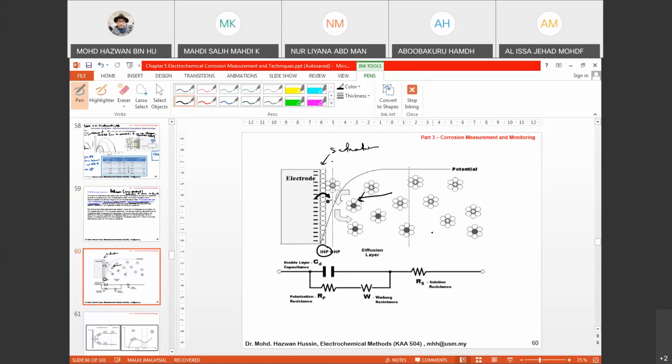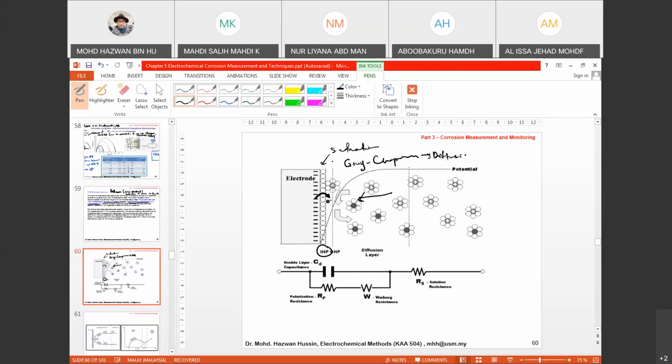So diffusion actually accounts, as what I've told you, what models of double layer? Anyone still remember? For diffusion, Helmholtz? No, Helmholtz is actually electrostatic. It's Gouy-Chapman. Okay, the Gouy-Chapman model actually accounts for diffusion.